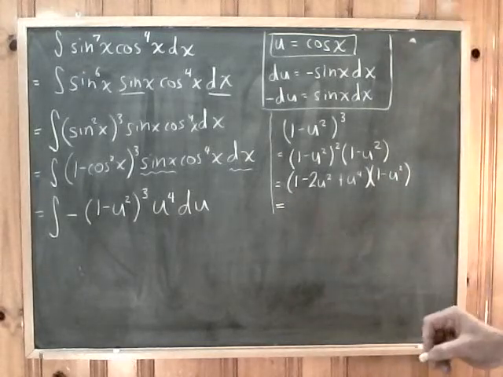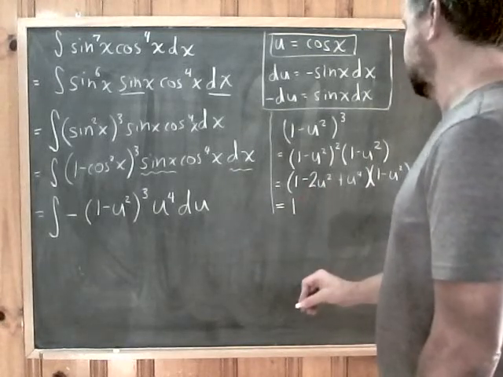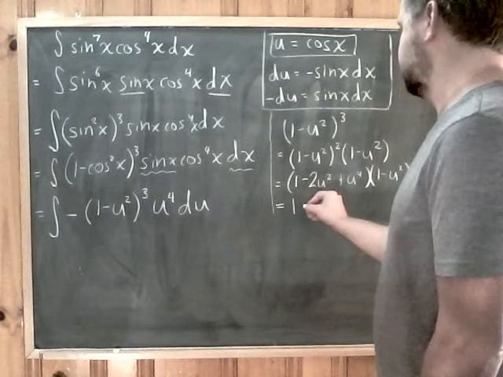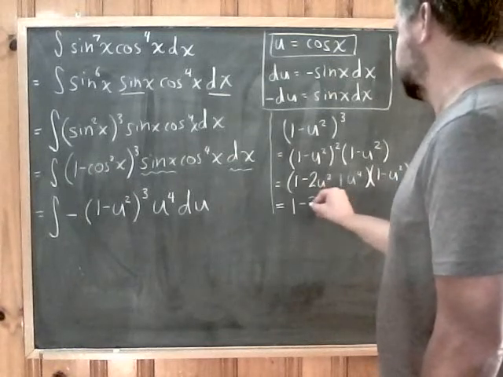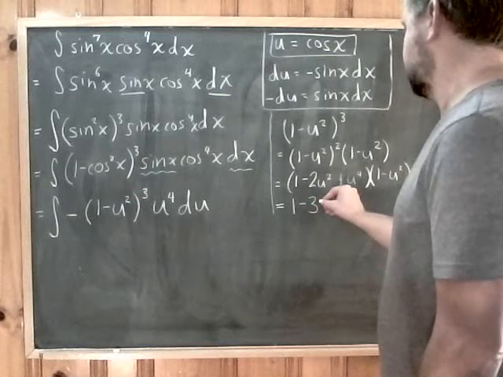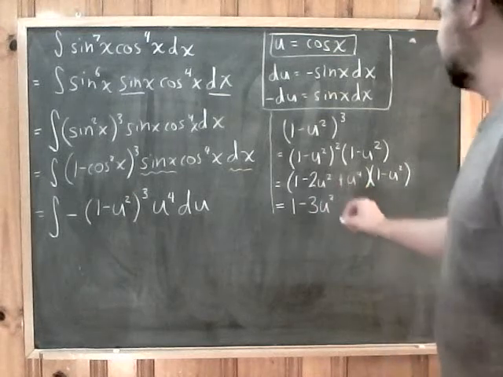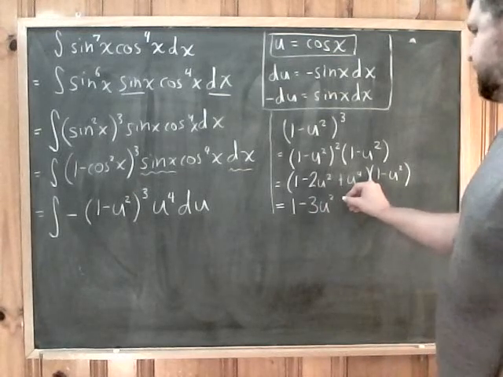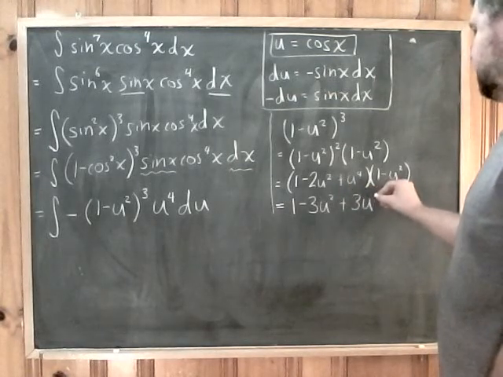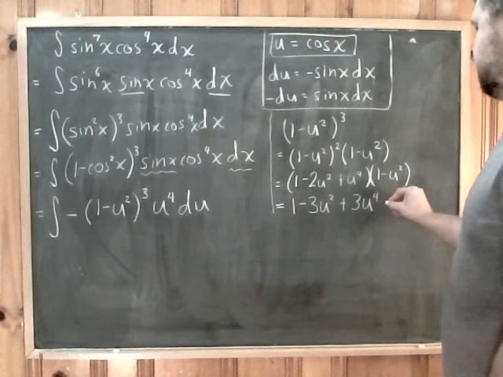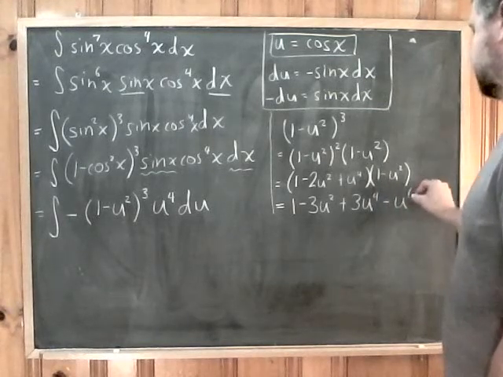So altogether, multiplying everything by everything, I get 1, minus 3 u squared, plus 3 u to the 4, and finally minus u to the 6.